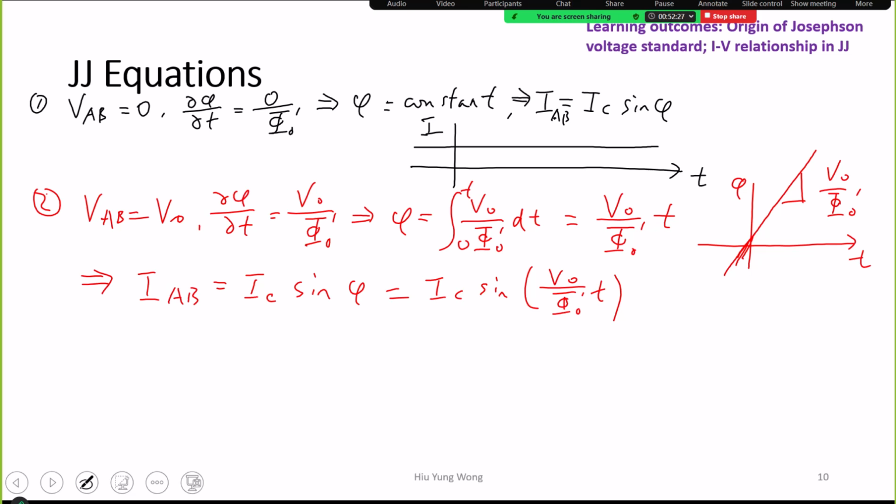It will provide you an AC current. So this is t, this is I, and you get something like this. And this is the peak, I_C. You cannot go beyond I_C because then it loses the superconducting state. So here we are assuming it is in the superconducting state.